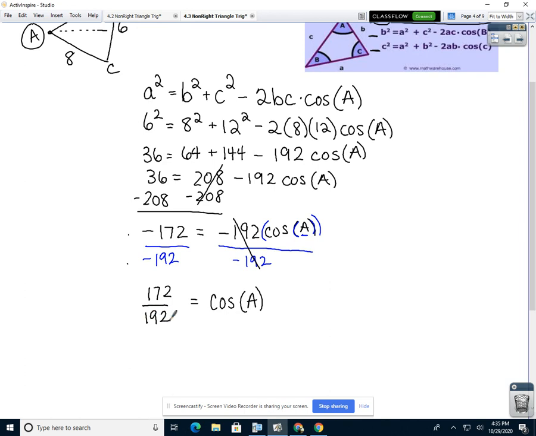And then, similar to the last video, whenever you're looking for an angle, you want to use inverse trig. Remember that inverse trig, again, when looking for an angle.